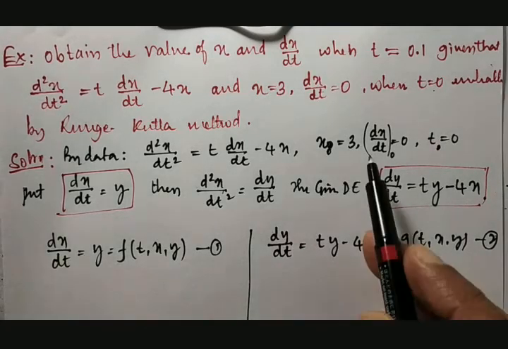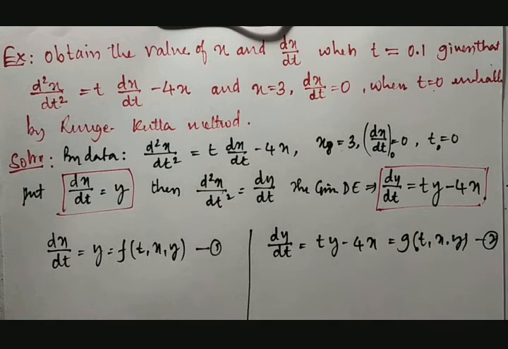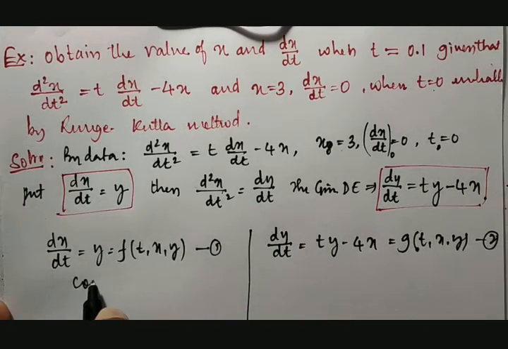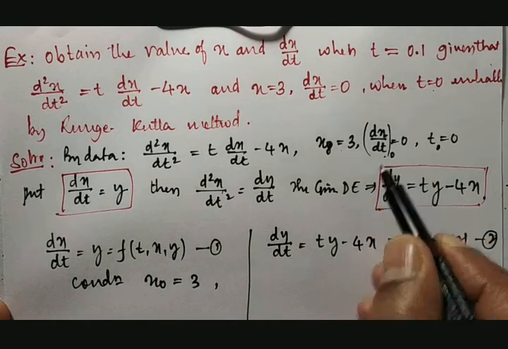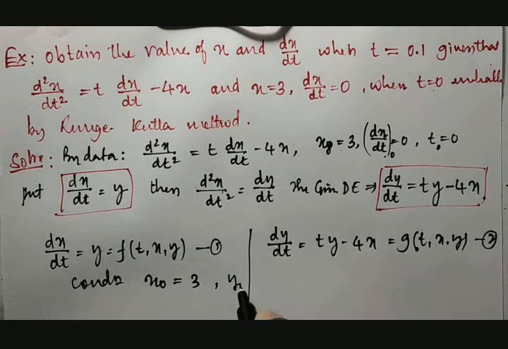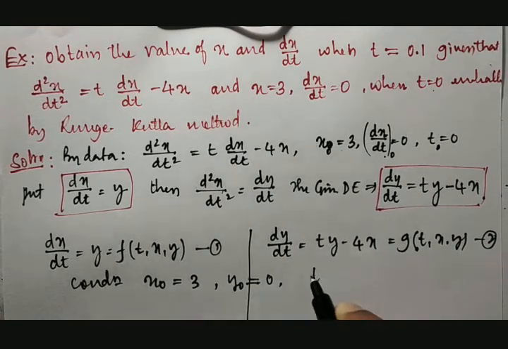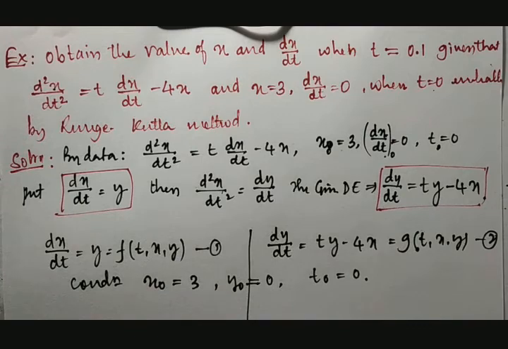Then what about the initial conditions? The conditions will be x naught is equal to 3 as it is. Then dx by dt is nothing but y, so y naught is equal to 0 and t naught is equal to 0.